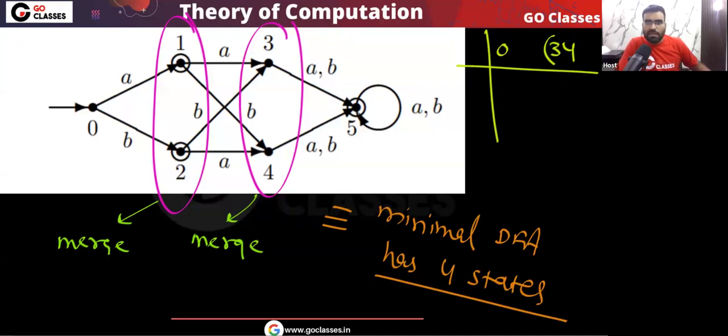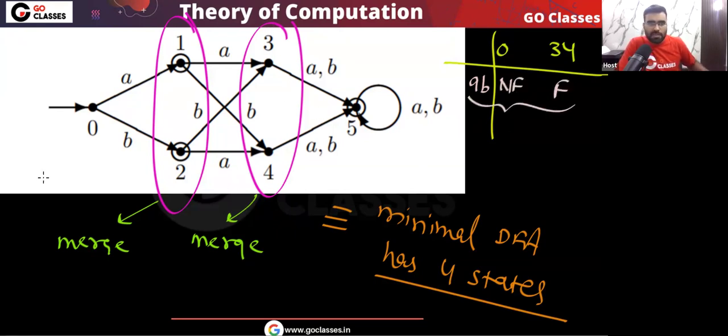They are not equivalent. Tell me some string which will distinguish them. Yes, AB. On string AB, 0 will go to non-final, and 3 4 on AB will go to final.